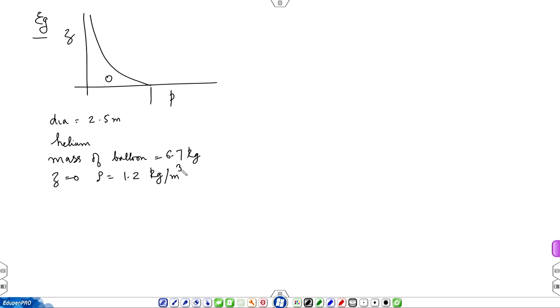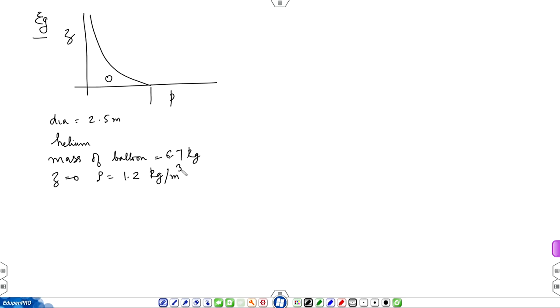So, now the first question is, will this balloon tend to rise? So, you have to realize that this balloon, when it is kept in air, will experience buoyancy. How much is buoyancy? Buoyancy will be volume of the balloon times rho of air outside.